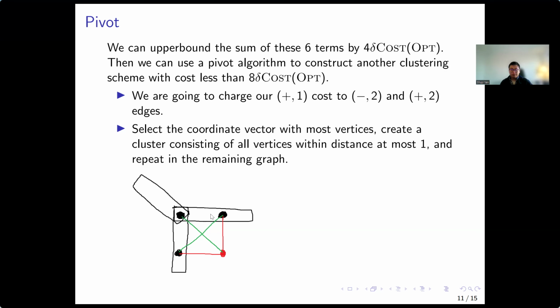Okay, now in each step, we can see that these red edges are the possible +1 cost, and we can bound it, so we can charge them to the green edges. These green edges are distance 2 edges, and they will disappear after this step.